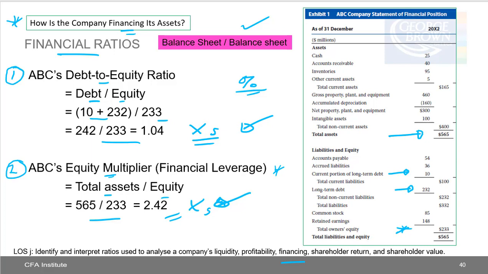An equity multiplier close to 2 shows that the asset value is more than twice the amount of equity. Having a higher proportion of debt is riskier because a company is obligated to service its debt, pay interest, but does not have a similar obligation to service its equity or to pay dividends.